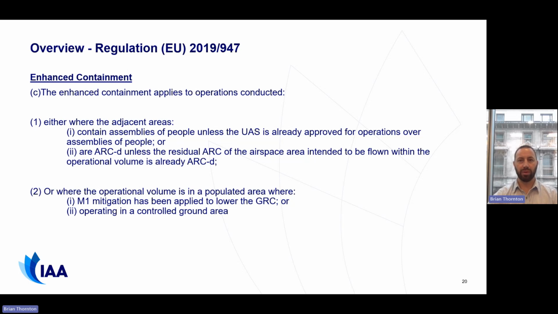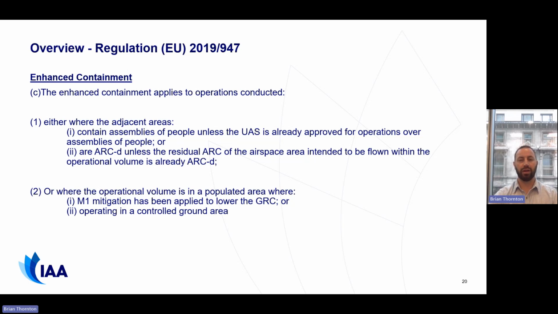So part one talks about the adjacent area, which is the ground, and the adjacent airspace, which could be ARC-D, which is your airspace. Again, with the semantic model, we're looking at the ground and the air risk. Part two then: where the operational volume is in a populated area where M1 mitigation has been applied to lower the GRC, or operating in a controlled ground area.